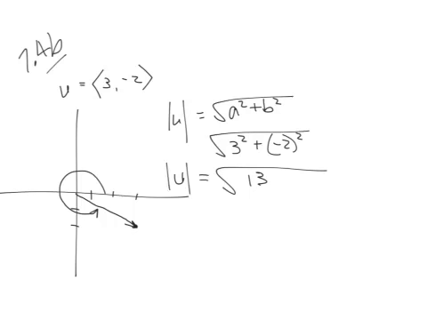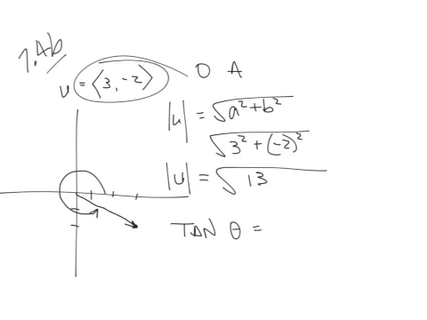Not too bad. To find the direction angle, when they give me this will always be my opposite and my adjacent. So I know I'm going to be using tangent. So tangent of theta is going to be b over a, which in this case is going to be -2 over 3.